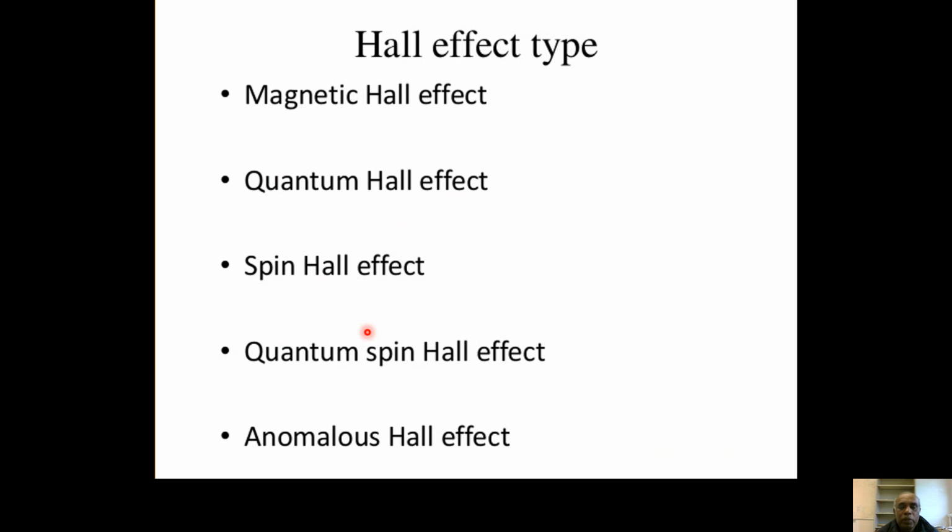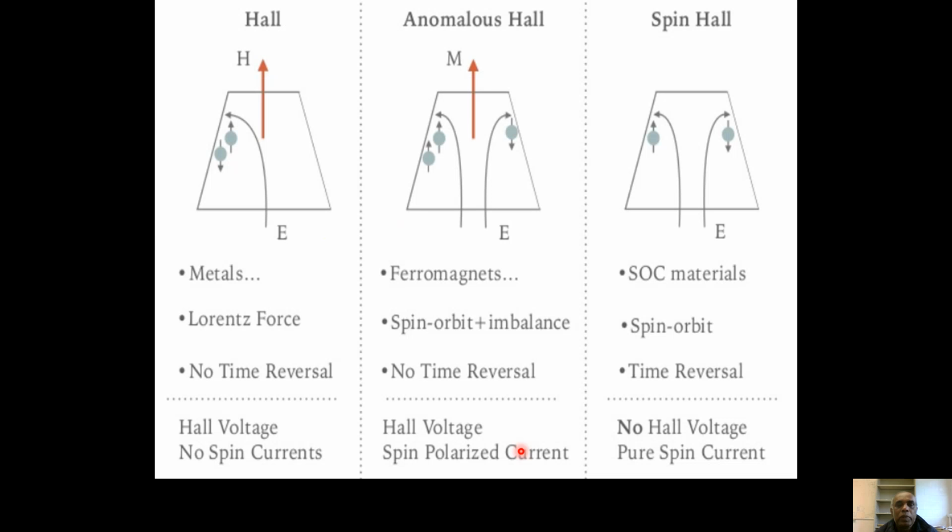Also there's something called the anomalous Hall effect. That's because if we have a ferromagnetic material, we have a natural magnetization, and because of that you can have some Hall effect. That's called the anomalous Hall effect. These are all things people have already observed. So typically, let me show you the standard Hall effect. You need to have a magnetic field.